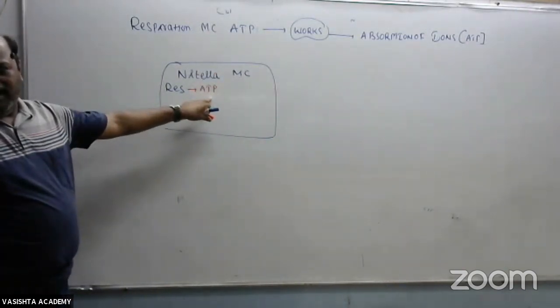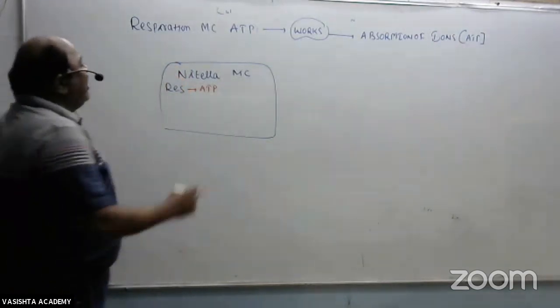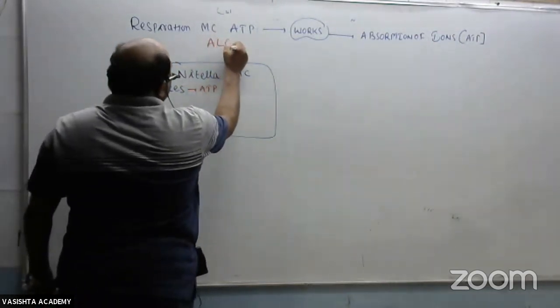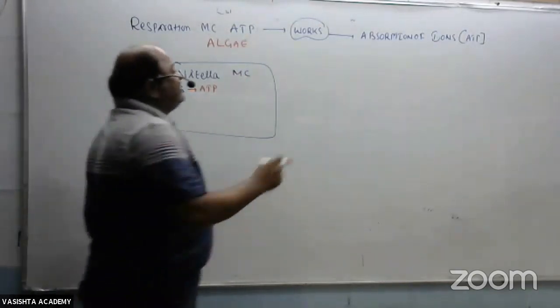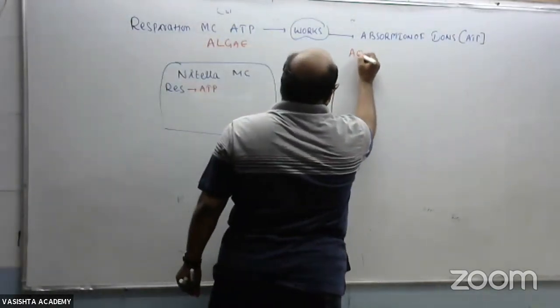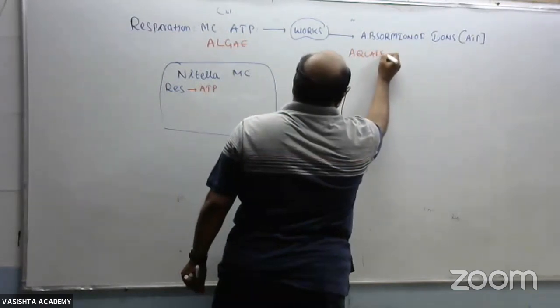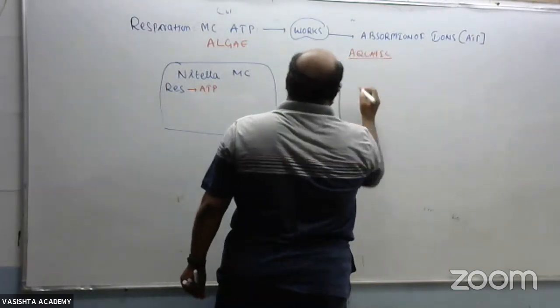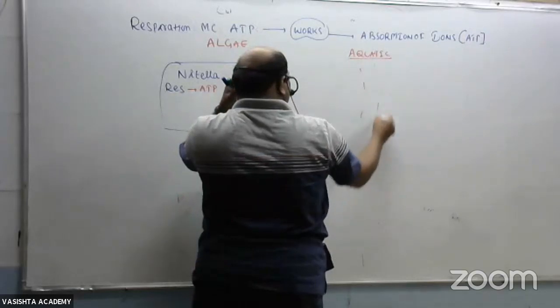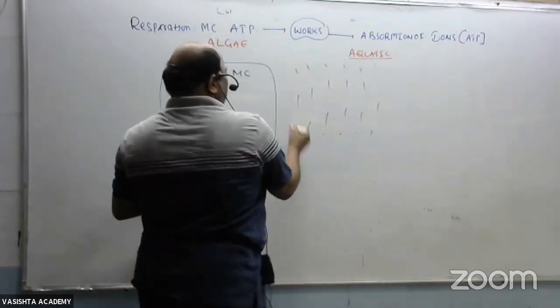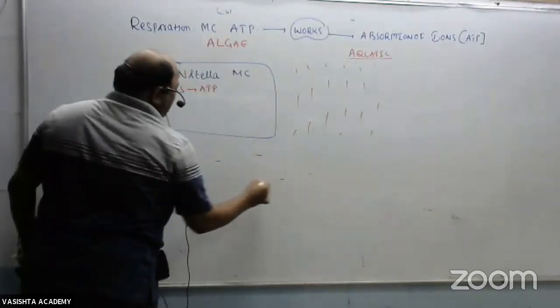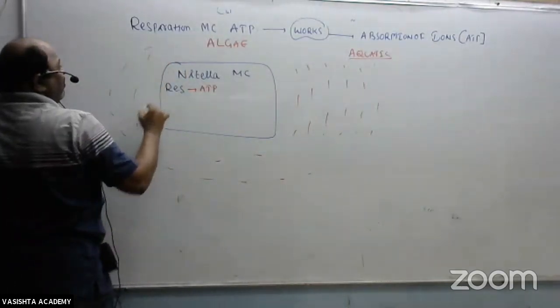ATP is formed. So Nitella is basically an algae. Where does this algae usually reside? Algae are aquatic in environment, they reside in water. Now this is the water. Now Nitella lives in water.